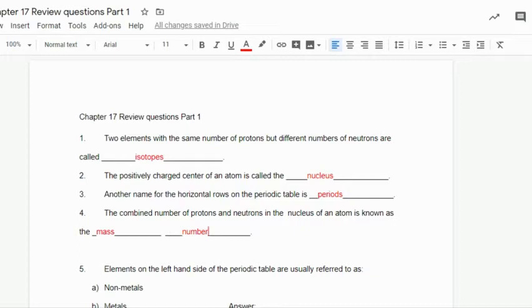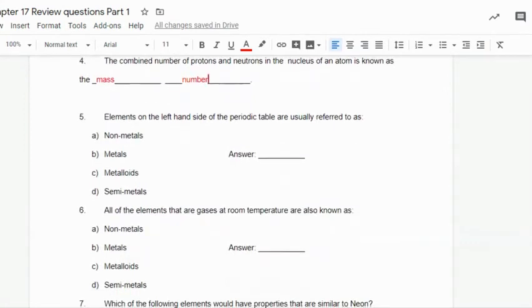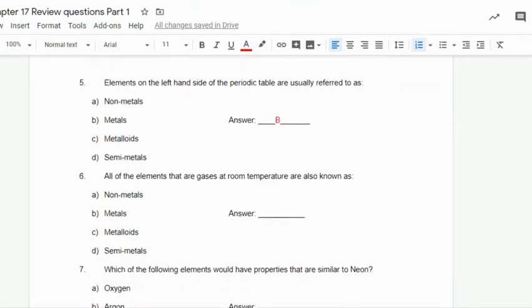All right, you can pause that if you want to, but I'm going to scroll down to answer some of the next questions. Number 5, elements on the left-hand side of the periodic table are usually referred to as metals. So you can either write metals or you can type in the letter B for the answer. B, metals. All right.